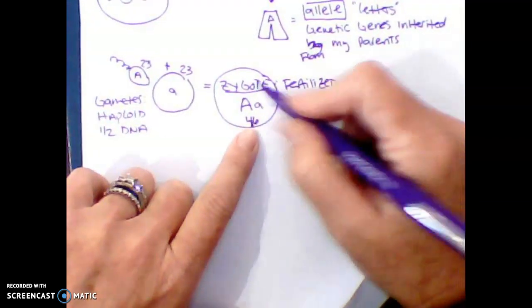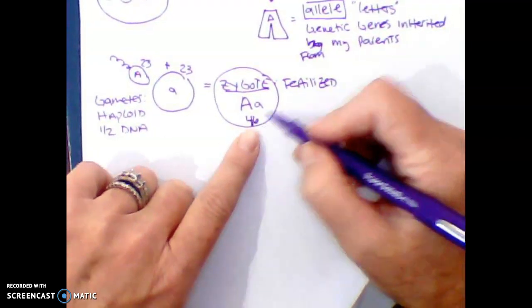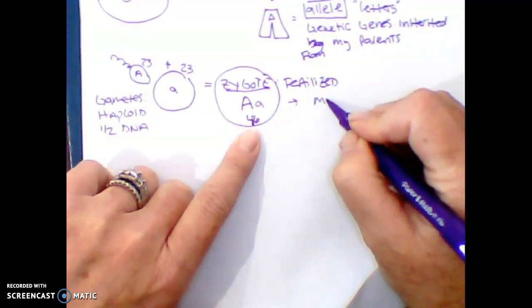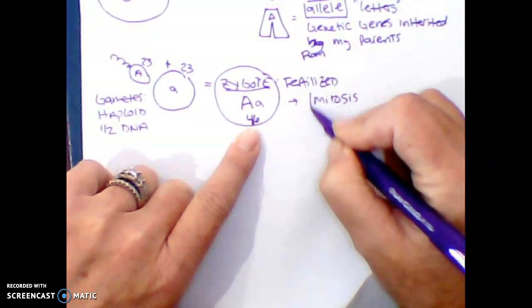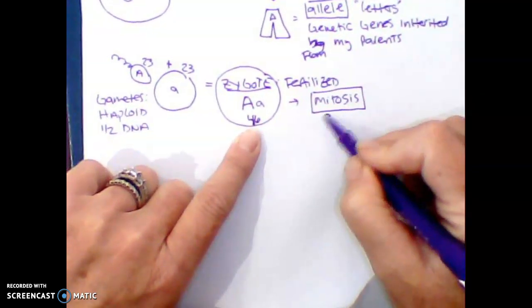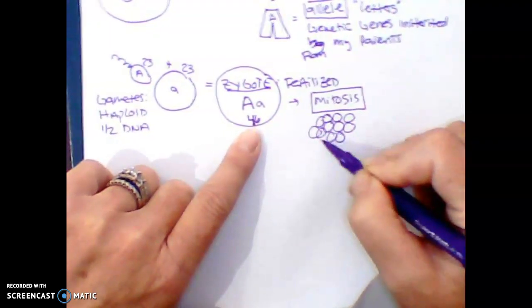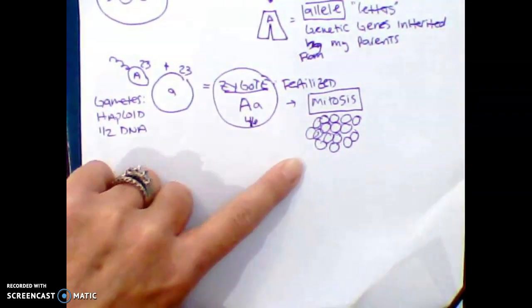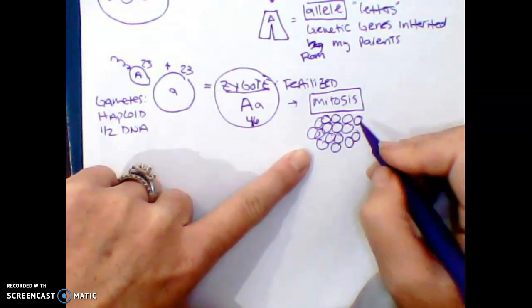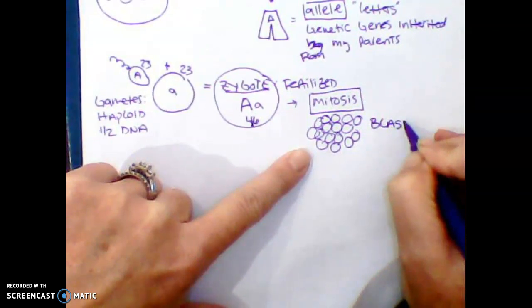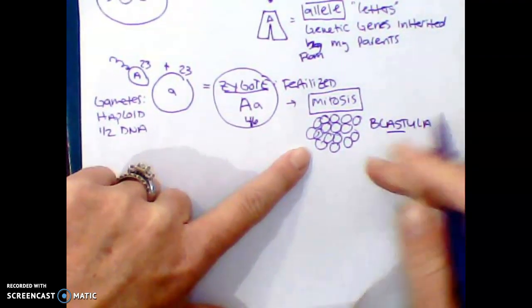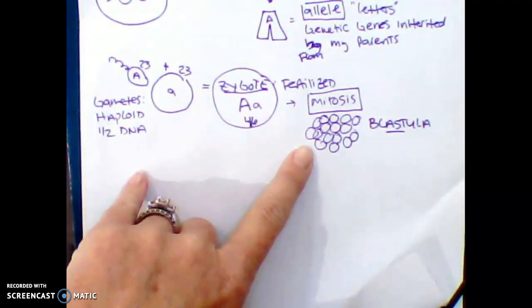Now, this single cell, which has 46 chromosomes, is then going to go through mitosis. And I'm sure you guys remember that. Mitosis is when we start to divide. Divide in half again, divide in half again, until eventually we get this cluster of cells. This cluster of cells is known as a blastula, and this is a more simplified version of what it really looks like.